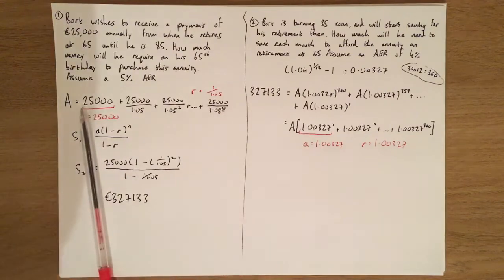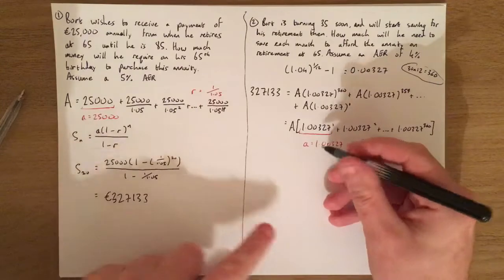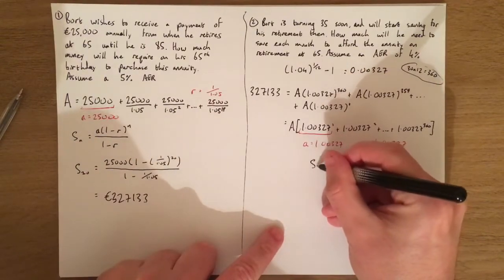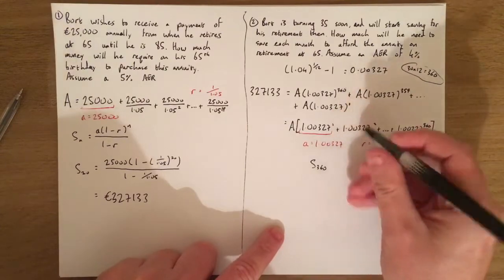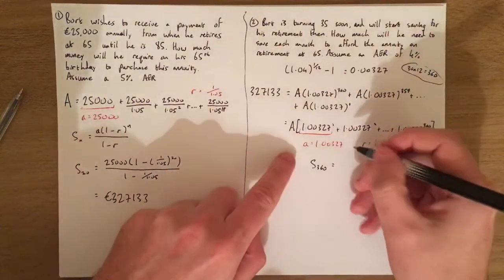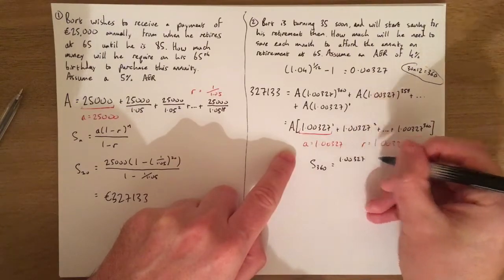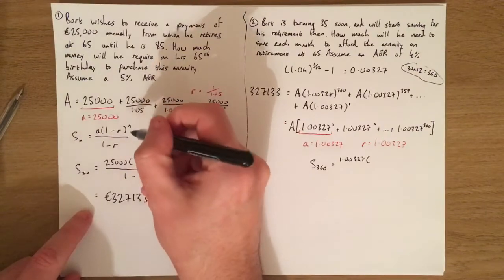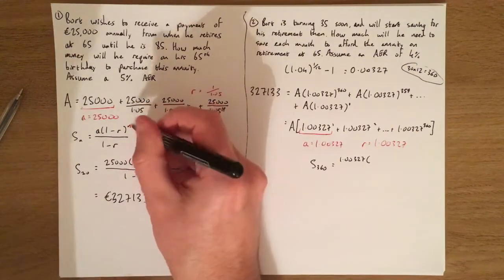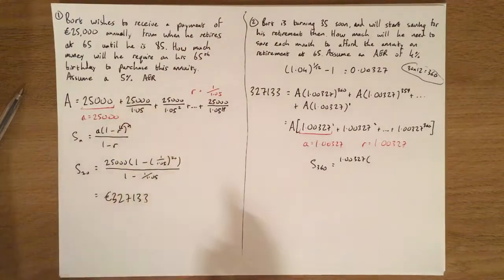Okay, so I've got my formula over here. So I'm doing S 360 is equal to a, my first term, so 1.00327 on, so the n should be inside the bracket there.